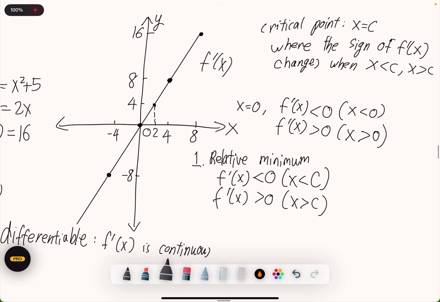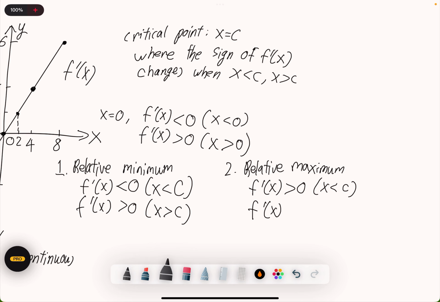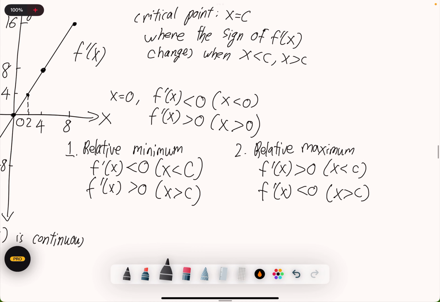The second type is relative maximum. This is when the derivative of f of x is larger than 0 when x is less than c, and the derivative of f of x is less than 0 when x is larger than c.